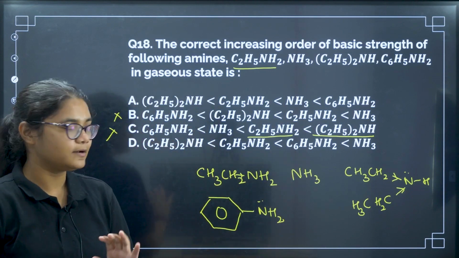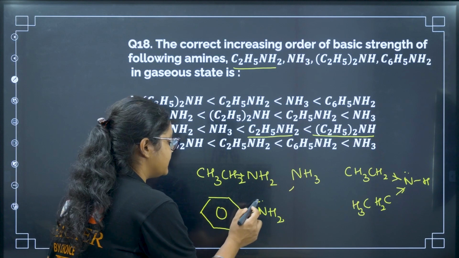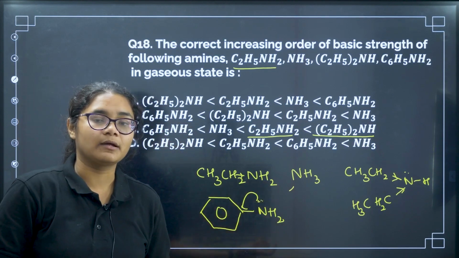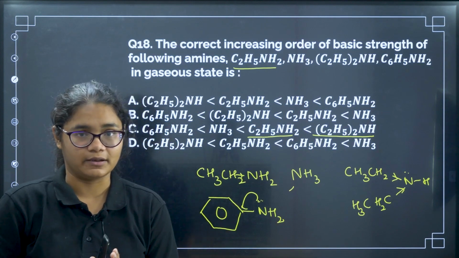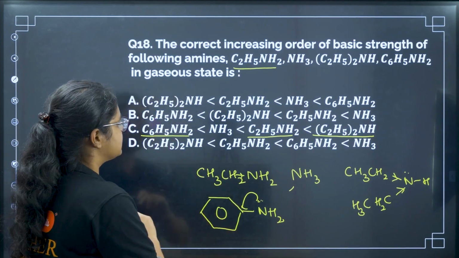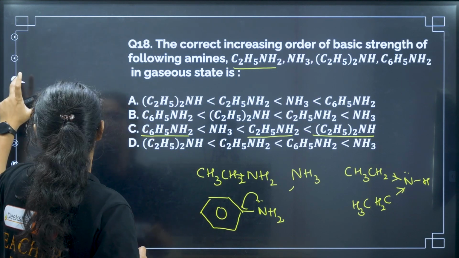I hope this is clear. Next one is NH3 because it is neutral. Here the benzene ring takes away the electron from the nitrogen and that is why donation will become difficult, or fewer electrons are available. So the least will be C6H5NH2. So the correct answer for this question will be option number C.